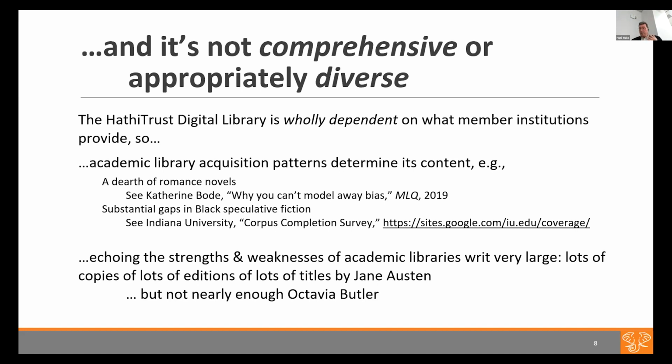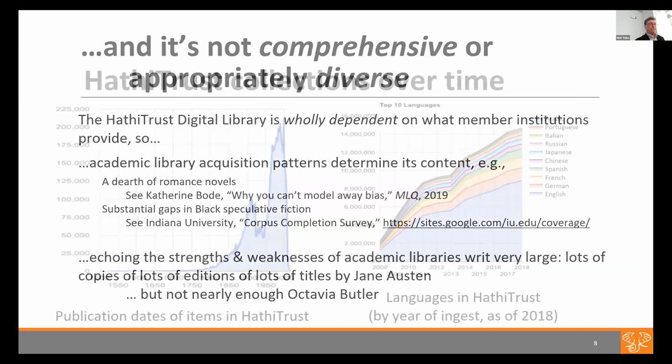So there's a shortage that we perceive in such things as fiction. And also, one of the other things is that it reflects the collection interests of different librarians at different times. So there's a shortage of African American texts, Native American texts, and so on. And that's one of our projects, to identify these gaps.